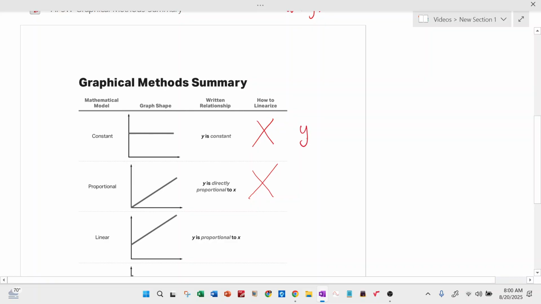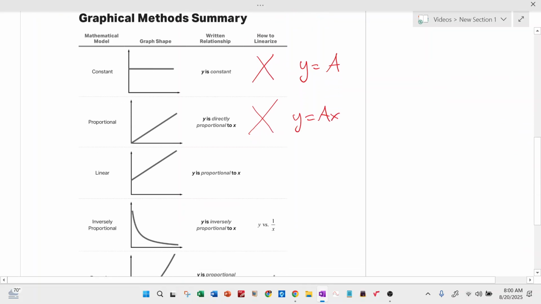So this is like y equals some constant times x. I used an a for a constant before. Could be capital A. In this case, it could be y equals ax, where a is 1 or some other number. And then this is our y equals mx plus b, which we've already discussed. No need to linearize that either.